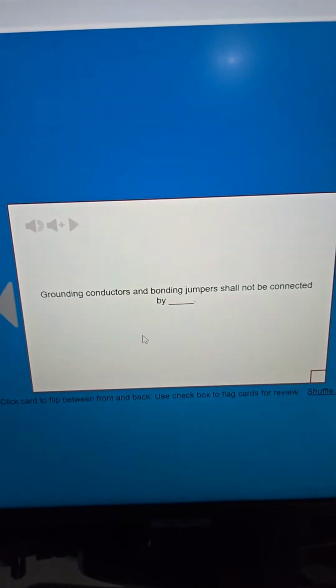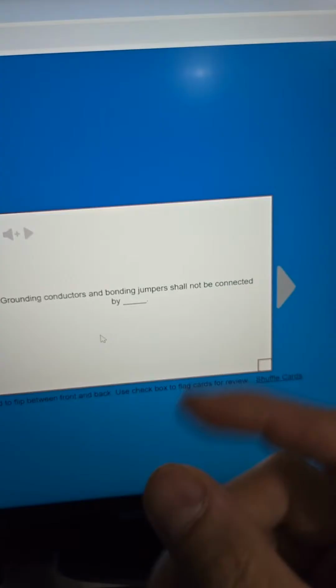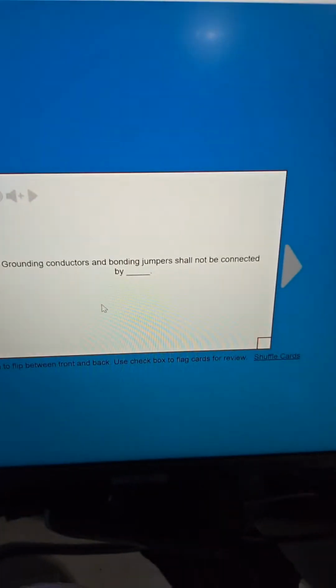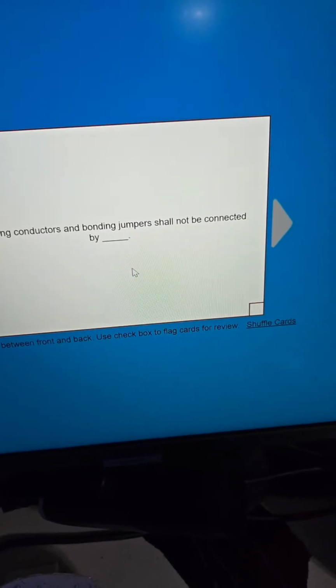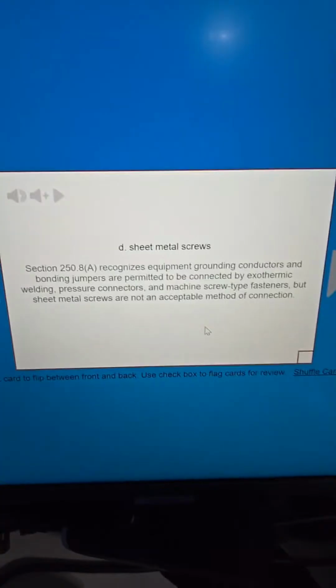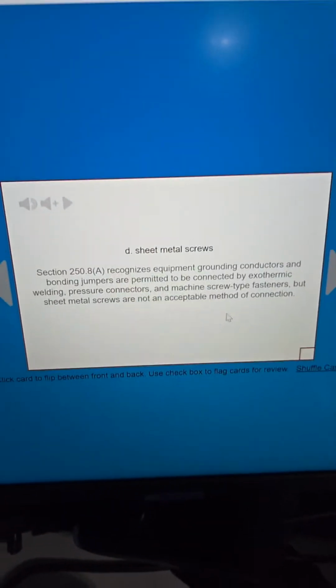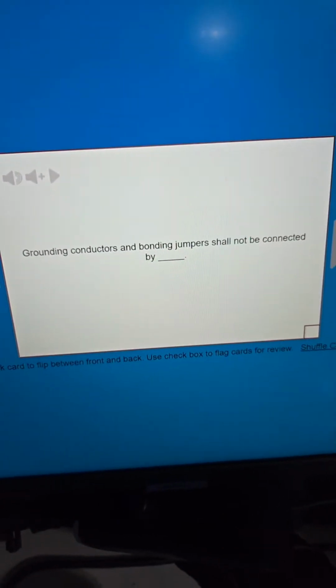Or it's going to be something that has to do with some kind of clamping force. We're just going to go for it because I've only got 20 minutes. Sheet metal. Hey, we got it right. Nice. Self-tappers. Perfect. We haven't gotten one wrong yet.